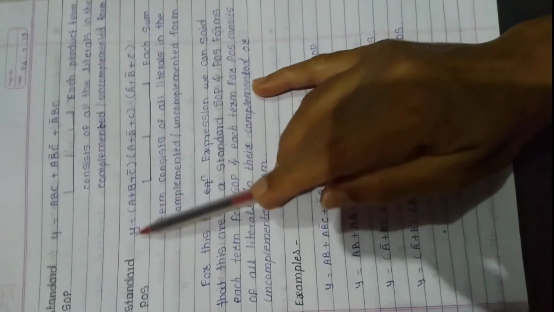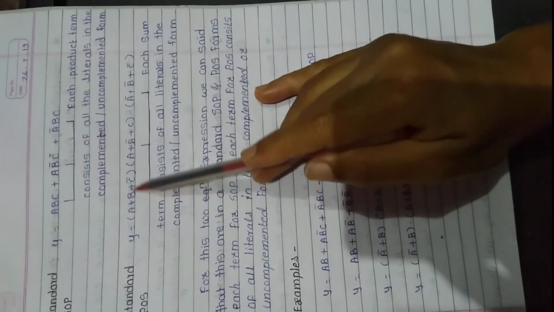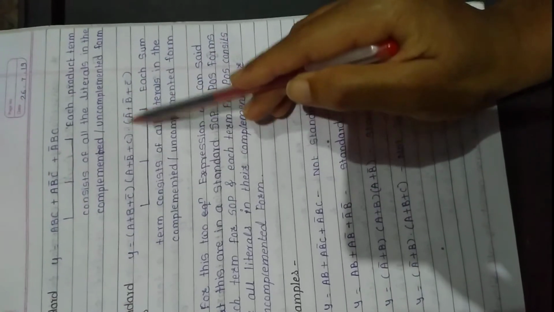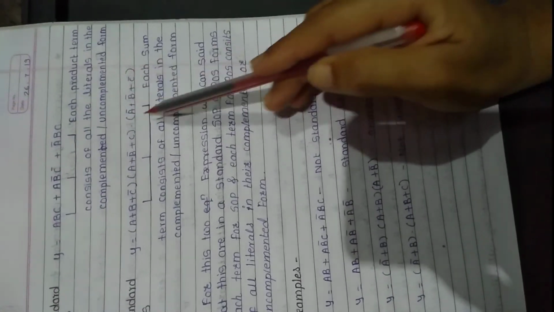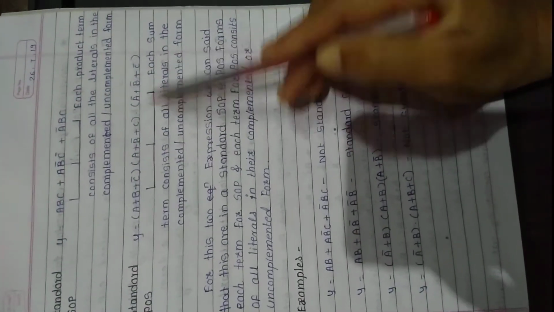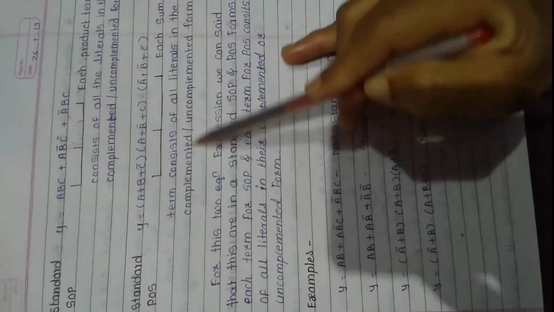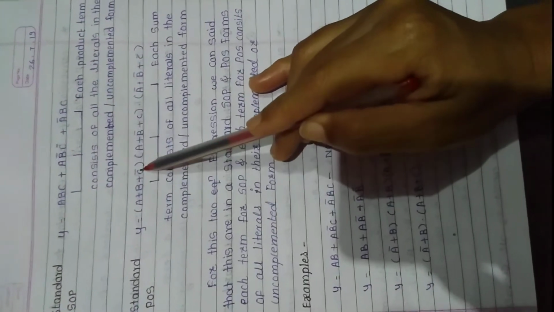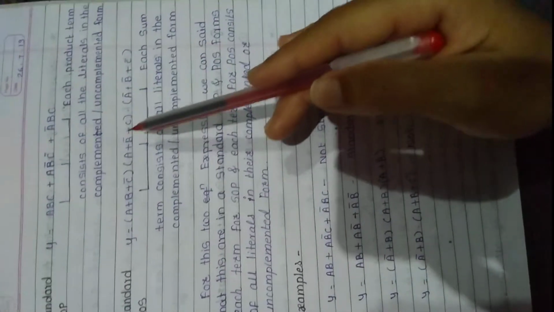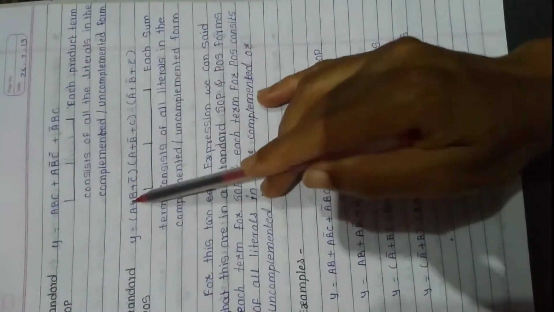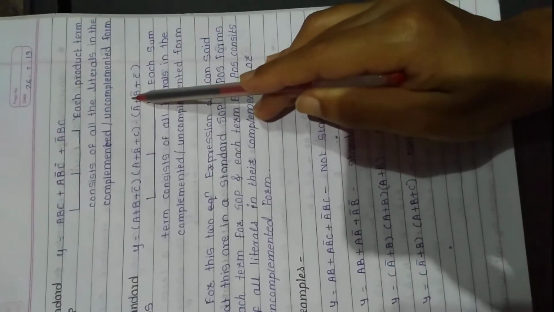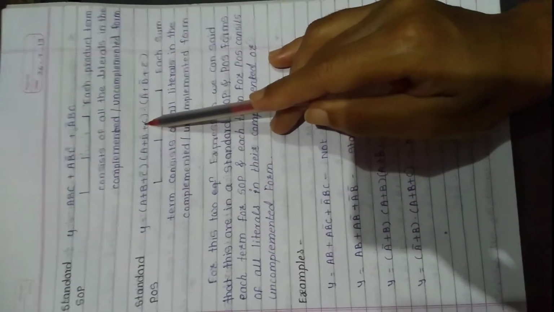In that standard POS, A plus B plus C bar into A plus B bar plus C into A bar plus B bar plus C, each term consists of all literals in complemented or uncomplemented form. In each term all literals are present.